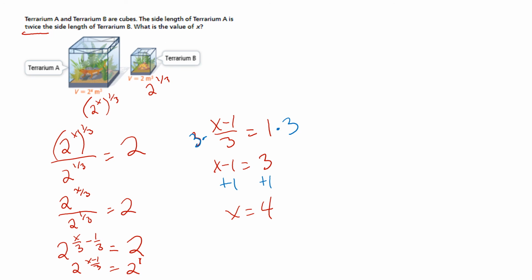So today we had a few properties of exponents, like what are exponents? And then we had the product of powers property. We had the quotient of powers property. We had the power of powers property. And then we had the power of product property.